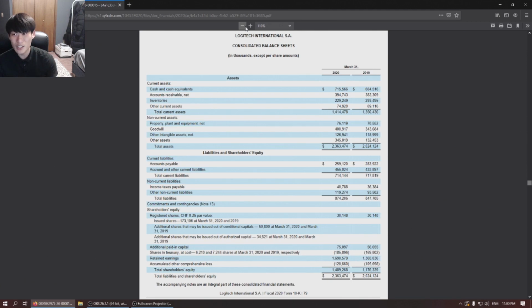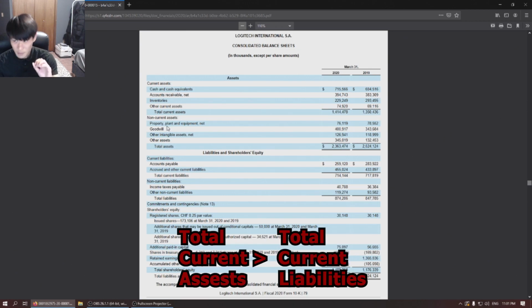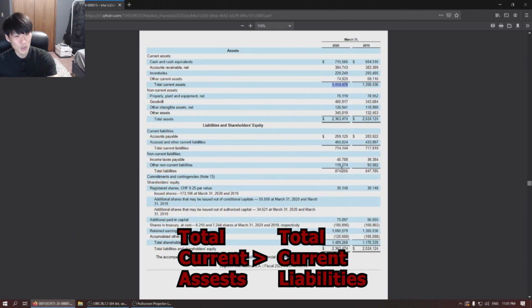If you have any questions, like I said, a lot of these look different. You can look up which term is which. So I'm going to go ahead and share with you guys what I look for when I'm looking at the balance sheet quickly. Very simply, I just look at the total current assets at $1.4 billion. And I look at total current liabilities.